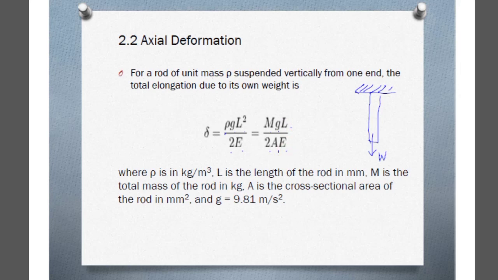Where this ρ here is in kilogram per cubic meter, this is the density. L is the length of the rod in mm. And m is the total mass of the rod in kilogram. A is the cross-sectional area of the rod in mm squared. And g is the gravitational acceleration constant, which is equal to 9.81 meters per second square.